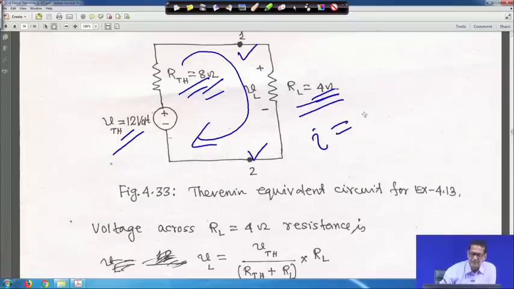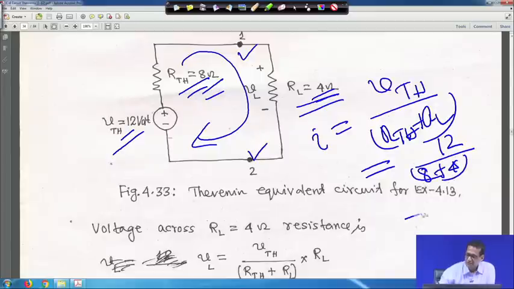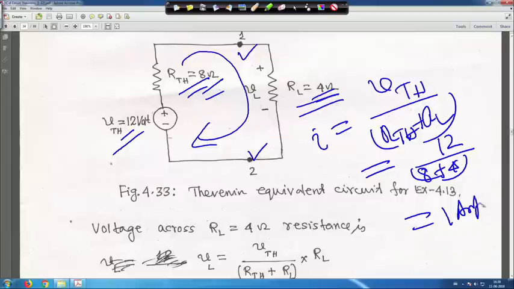Therefore, I is equal to V Thevenin by R Thevenin plus RL, right. V Thevenin is equal to 12 volt, R Thevenin is equal to 8 ohm and RL is equal to 4 ohm. So, that is actually 1 ampere. That means your I is equal to 1 ampere, so 1 ampere current is flowing through this load resistance RL.